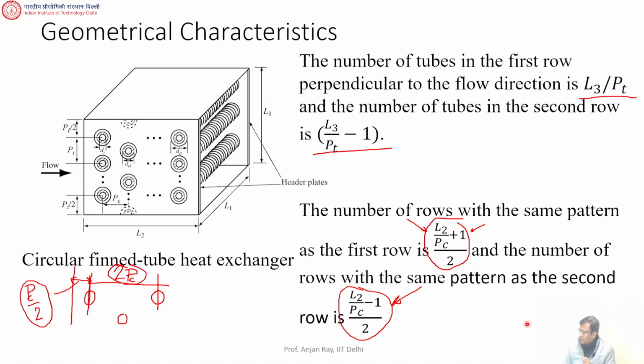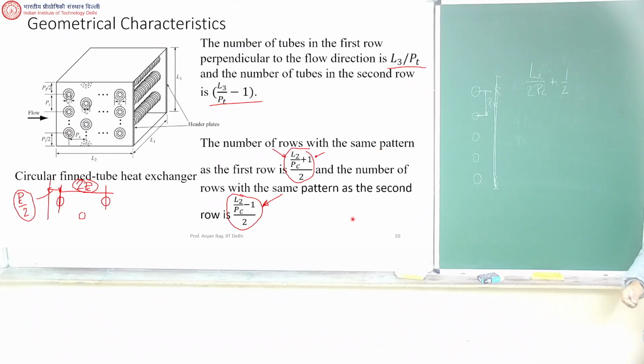Right. So this is L2 by 2 PC plus half. This is the number of rows that are similar to first row. Okay, I'm asking you whether this is all right or not.